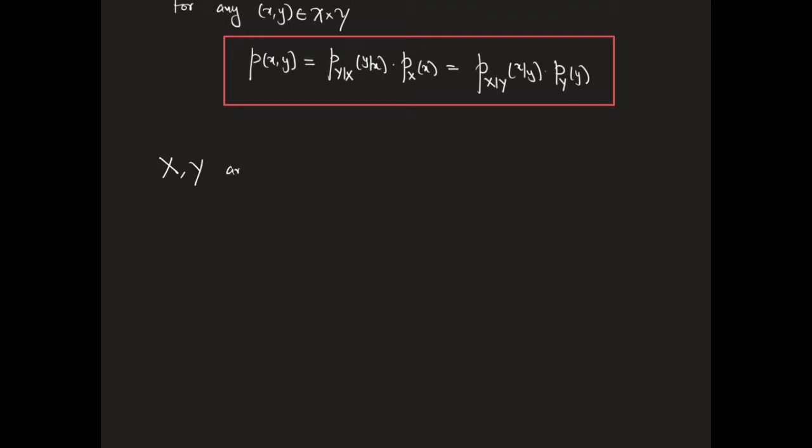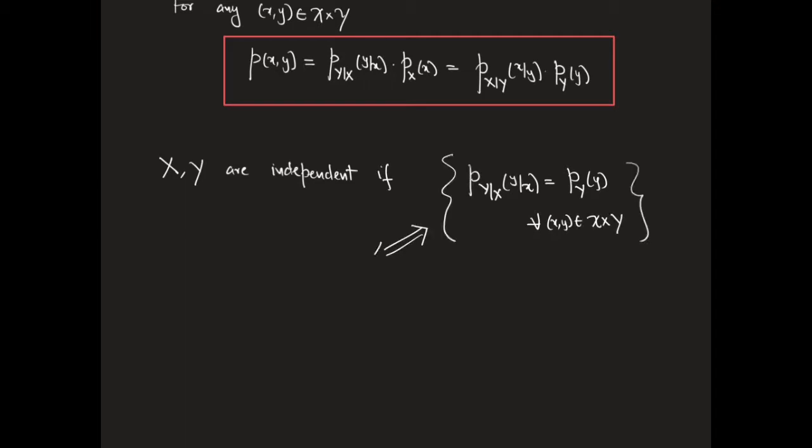We say that the random variables X and Y are independent if the probability of y given x equals the marginal distribution of the random variable Y for all choices of (x,y) inside the Cartesian product X cross Y. And this latter condition will be true if the joint probability distribution p(x,y) equals the product of the corresponding marginal distributions with respect to x and with respect to y for all choices of (x,y) inside script X cross script Y.